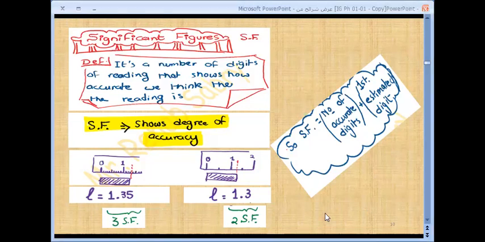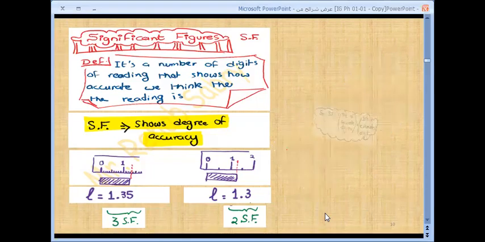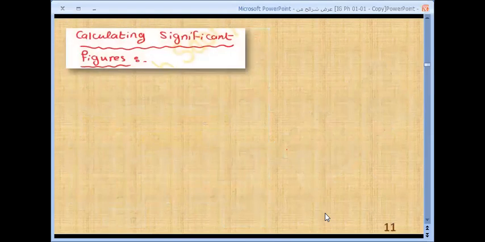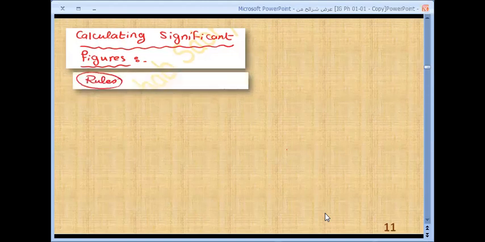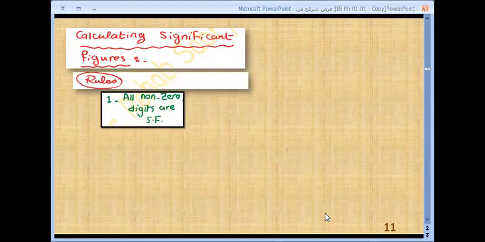Now, inshallah, let's study the rules of calculating significant figures. How can I count the number of significant digits? This is very important. The rules. Number 1, all non-zero digits are significant. This is so easy.